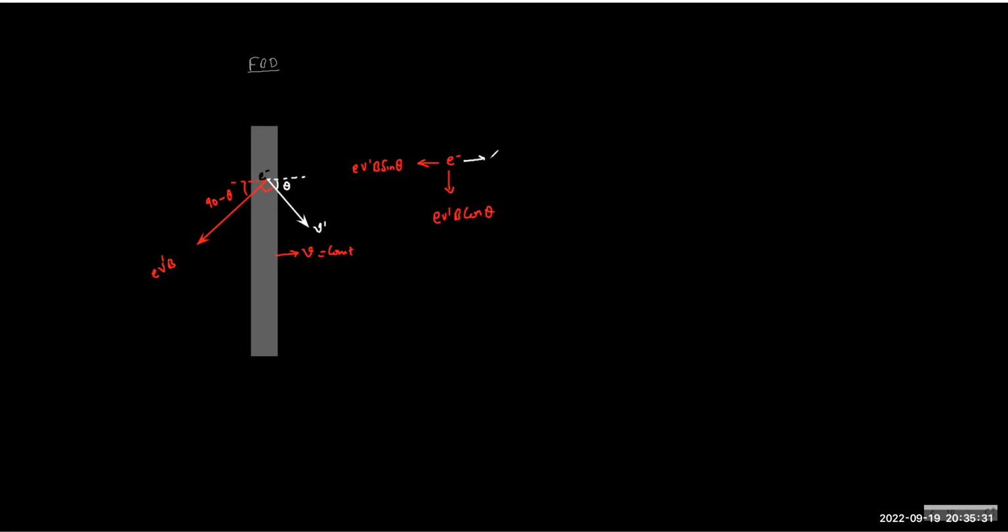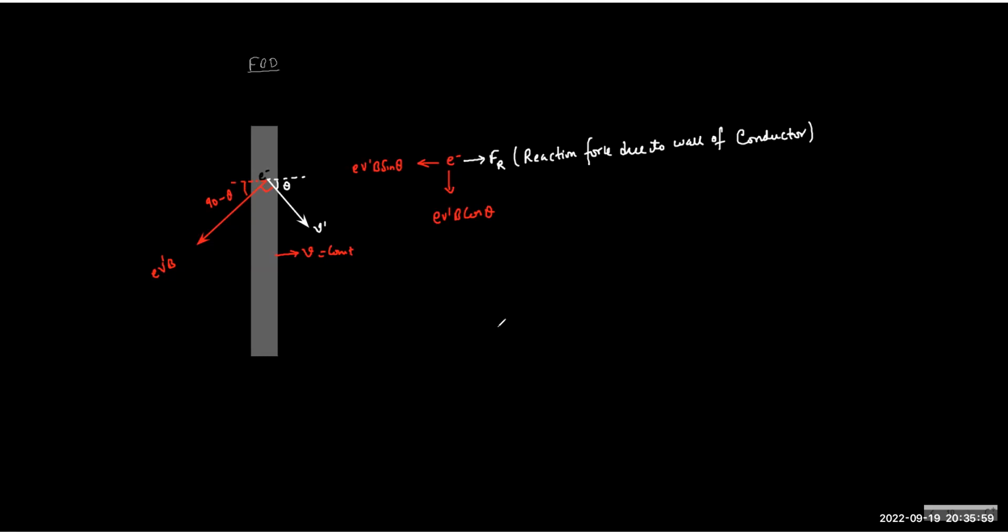this is the reaction force, Fr, reaction force due to the wall of the conductor. And that is why the electron is moving like this.